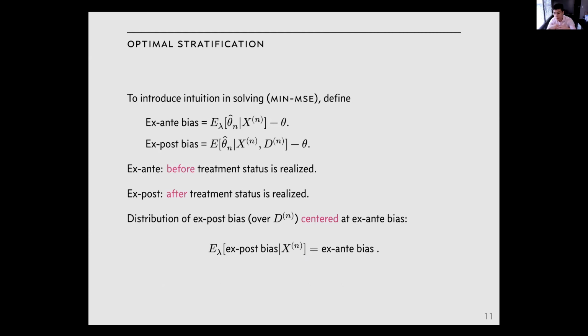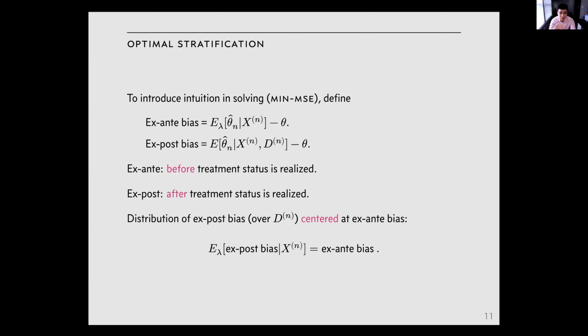So I want to describe the reason why the matched pair design is optimal. For doing that, it is very helpful to distinguish between two different notions of bias in our case. I will define them as ex-ante bias and ex-post bias. As you can probably tell from their names, their only difference is an additional layer of conditioning.